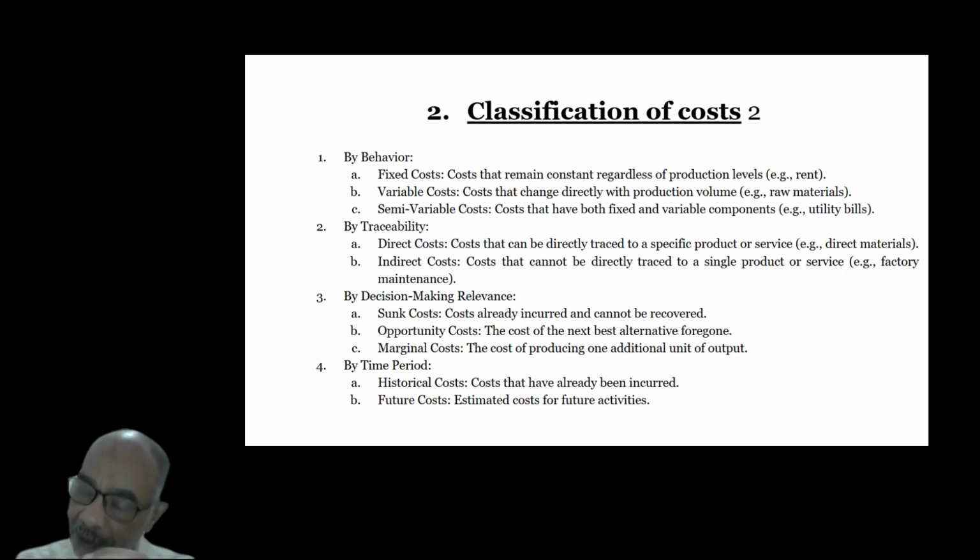For example, if you produce 1 unit and you put $1 for material, $0.5 for labor, and $2.50 for overhead, 2.5 plus 1.5 is $4. So the cost of the 1 unit is $4.